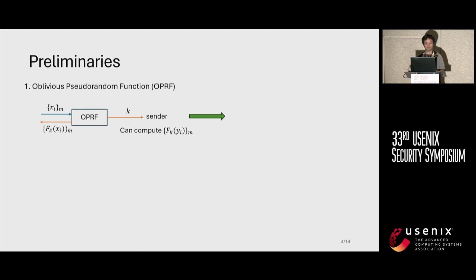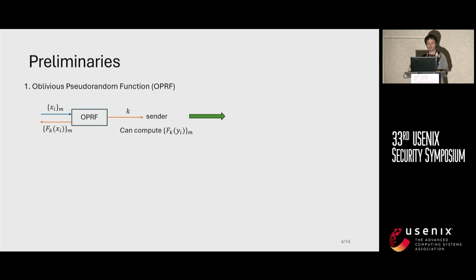Then I will introduce the preliminaries. The first preliminary is the Oblivious Pseudorandom Function, OPRF. Here, there are two parties. One party is the sender, the other party is the receiver. After OPRF, the sender will learn the OPRF key K, and then the receiver will input a set and get the corresponding OPRF values.